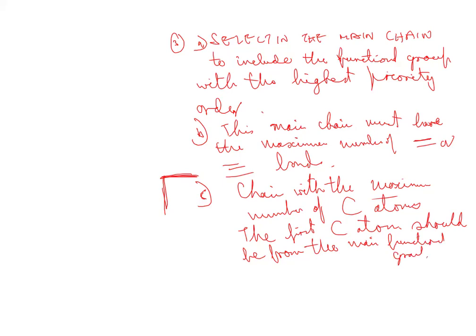Okay, so if we have a case like this, that's number 1, 2, 3. It starts with 1, the one that is attached to the functional group. It's a part of the functional group.